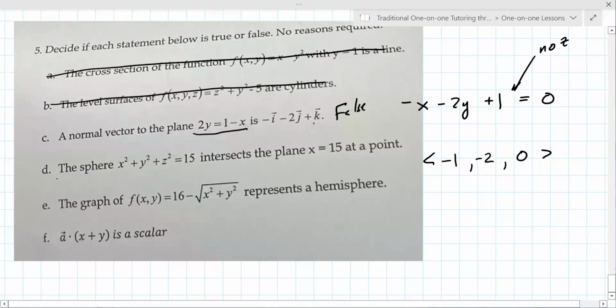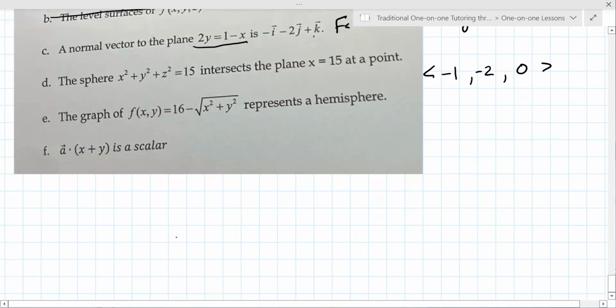Have you talked much about three-dimensional spaces, shapes like a sphere? Yes. Okay, so a sphere, x squared plus y squared plus z squared equals 15. Its radius is the square root of 15, so it only goes out square root of 15. It doesn't go out 15. Your sphere, which is really hard to draw in 3-space, is centered there.